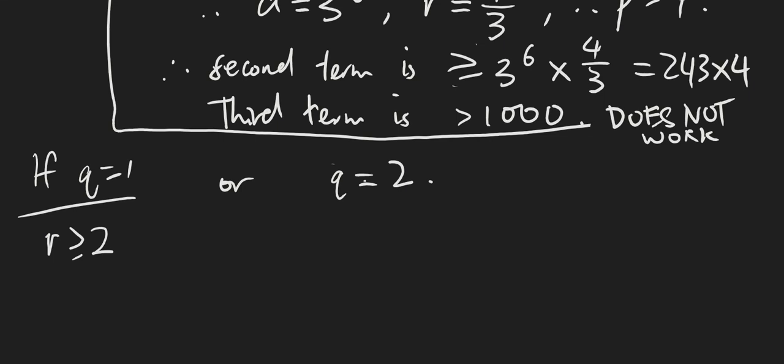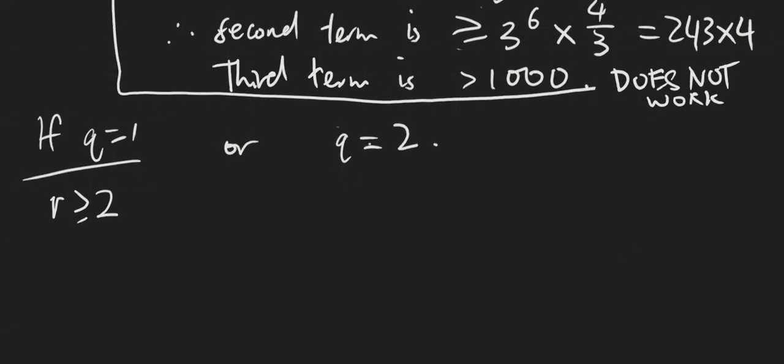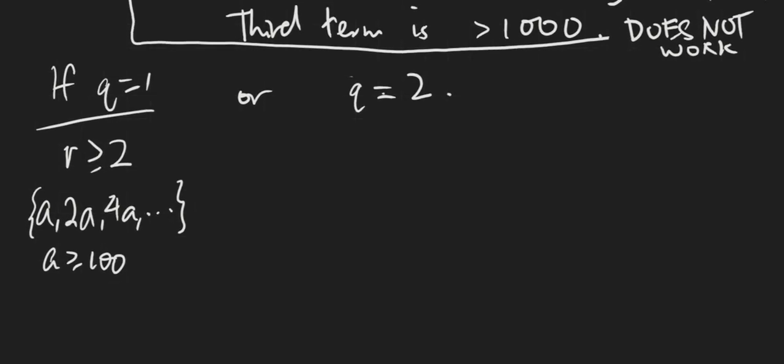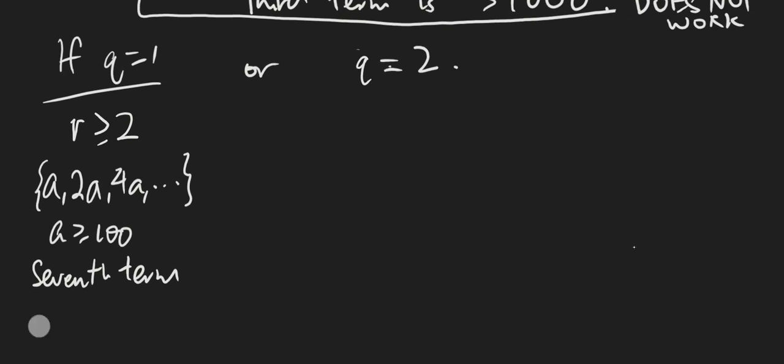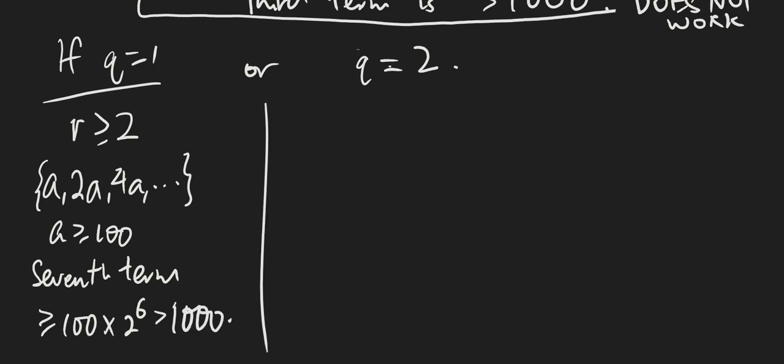But then the GP must be a, 2a, 4a, and so on, where a is at least 100. So if a 7th term exists, it must be at least 100 times 2 to the power of 6. But this is 6400, which is greater than 1000. So that's a contradiction. Okay, so we're left with q equals 2.